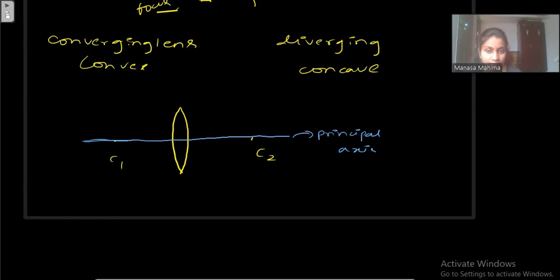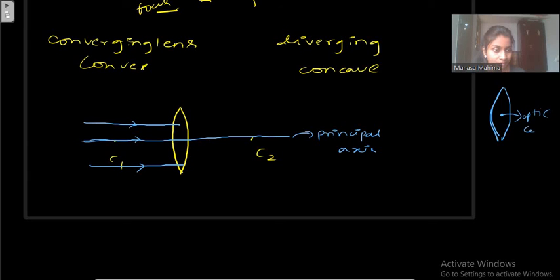and I have to consider a parallel beam of light that is falling on this lens. And one more thing I have forgotten, I want to explain about the optic center. See, each lens is said to have one center point, and that point we will call as optic center. This is the case of convex.